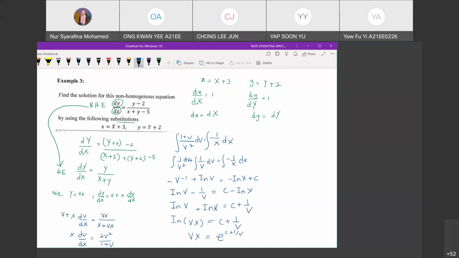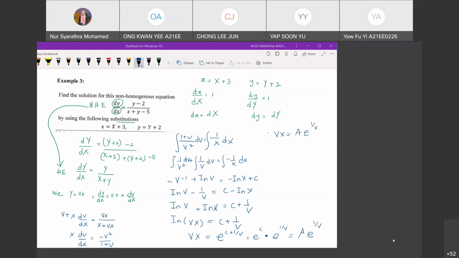Right, we just simplify the logarithm here by putting the exponent on the right hand side. So we have exponent c, exponent 1 over v, where exponent to the power c is a constant. So we just simplify with a. Okay, so vx equals to a e to the power 1 over v.